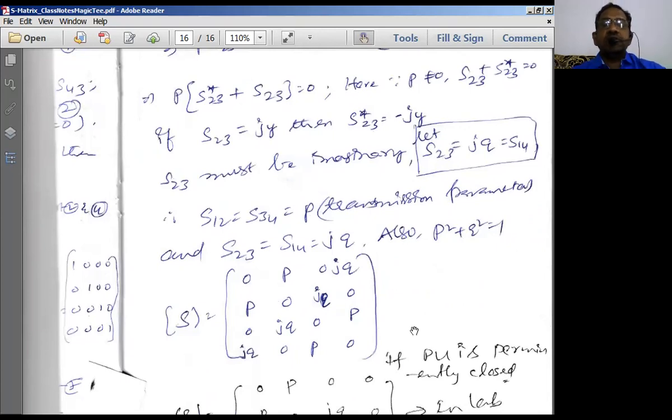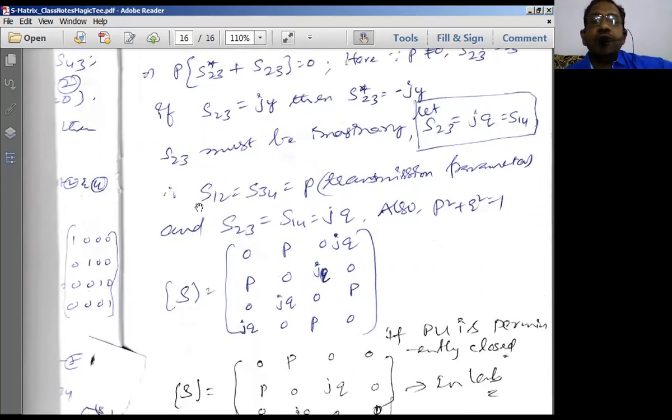So S23 must be imaginary. That means J has to be considered. So we let S23 is equal to some JQ, which is nothing but equal to S14 from the above identity. Therefore S12, S34 is equal to P and S23, S14 is equal to JQ, just now we have got.